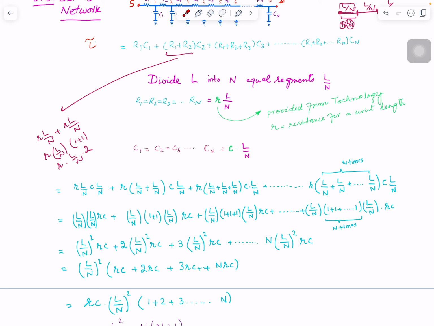Sorry if my cursor is not in sync with what I'm talking. 1 plus 1 is 2, and this rc. And this one is the same thing, but this 2 will become 3. L over n squared is the same, and rc is the same. So for n, it will be n, L over n, rc. Then if you take L over n squared common, you get this.